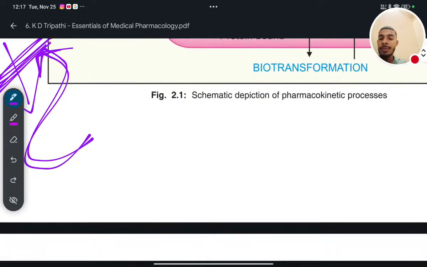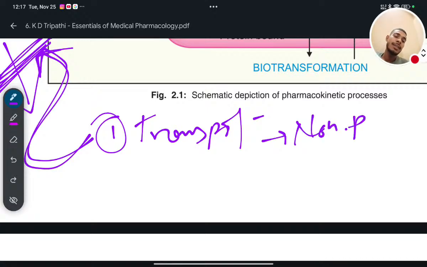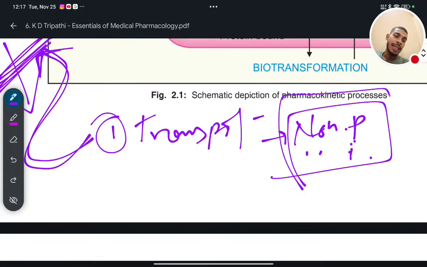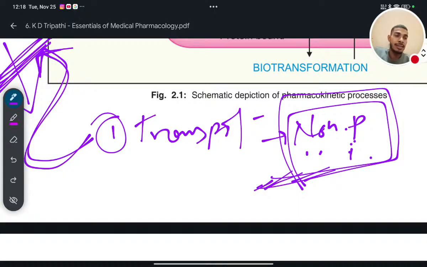So you have to remember one most important point: transport of non-polar and non-ionic substances will be faster, and it will take place by a passive process. Passive process means without the expenditure of energy.